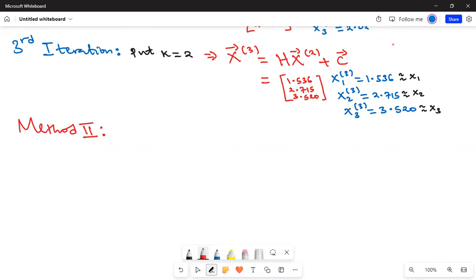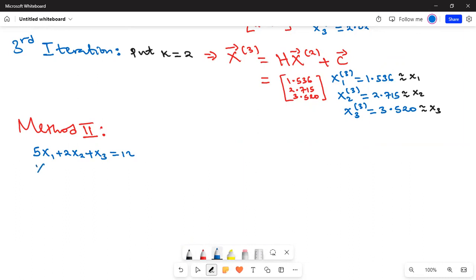It was 5x1 plus 2x2 plus x3 is equal to 12.